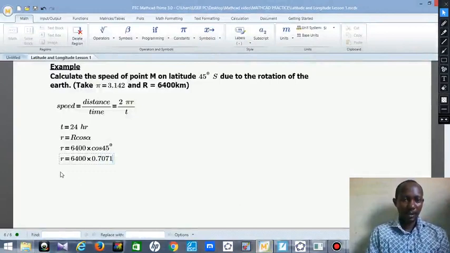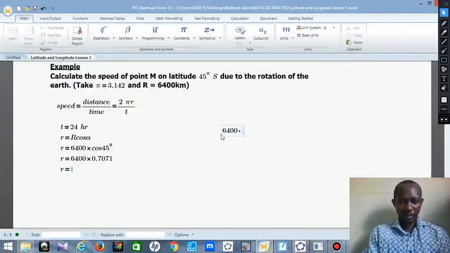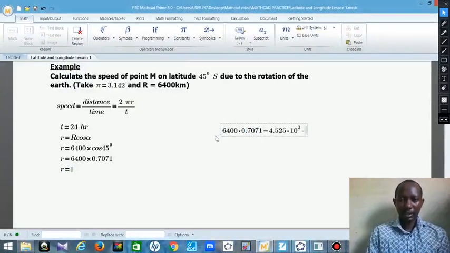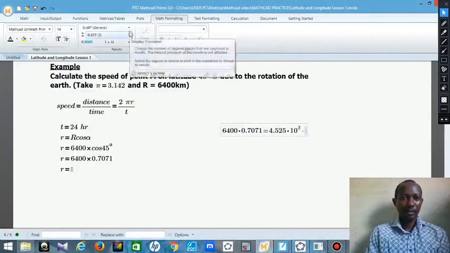The next thing is to multiply with R. So r is equal to 6,400 times 0.7071, which is equal to, let's put it in decimal form.